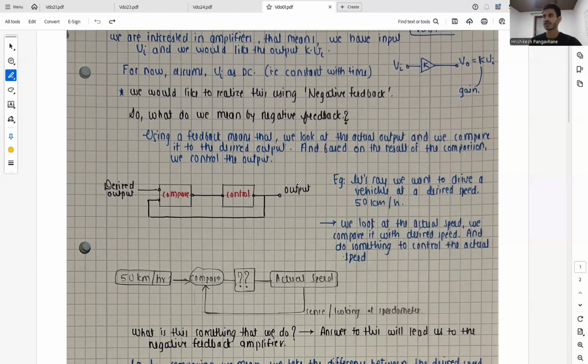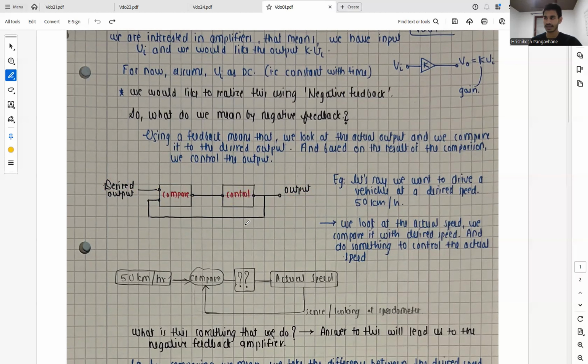And based on the result of the comparison, we control the output. So basically, we have our desired output and our actual output. We compare those two entities, and based on that comparison, we control the actual output.